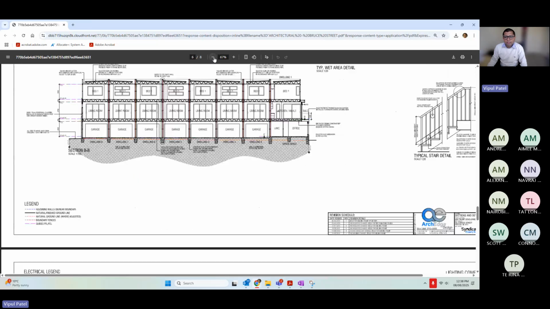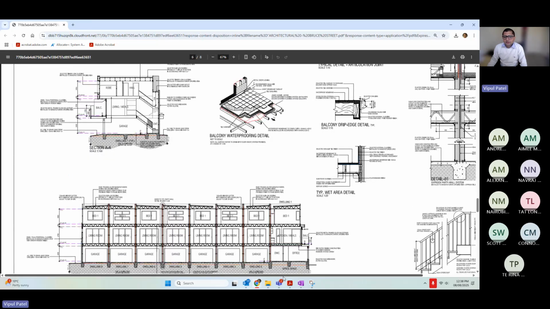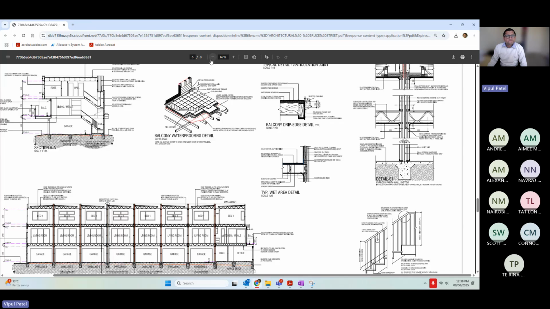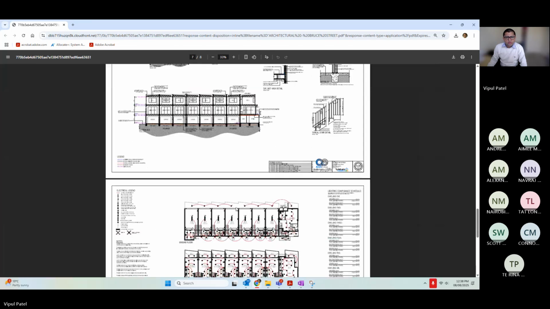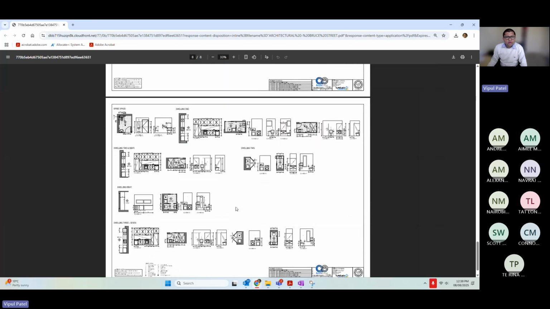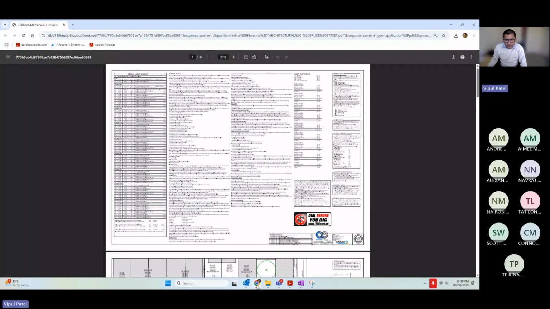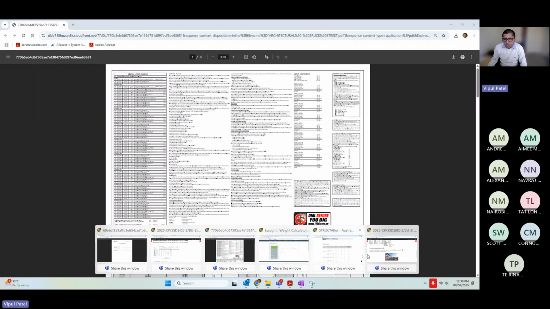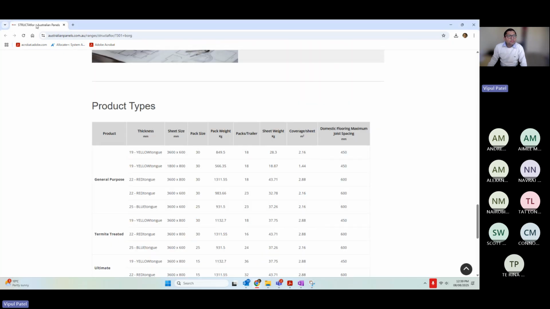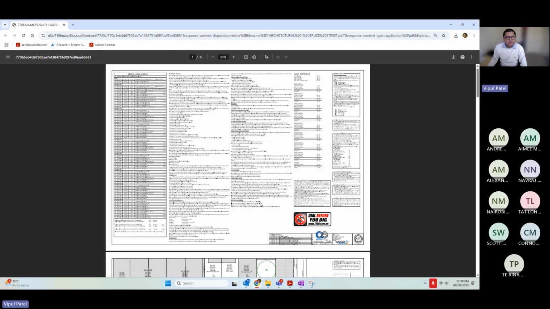Let me find out. Do they have these cross sections somewhere? No, they don't have these ones. Then we can go to the structural engineering drawing. Where is the structural engineering drawing? Let me close the windows that are not useful.